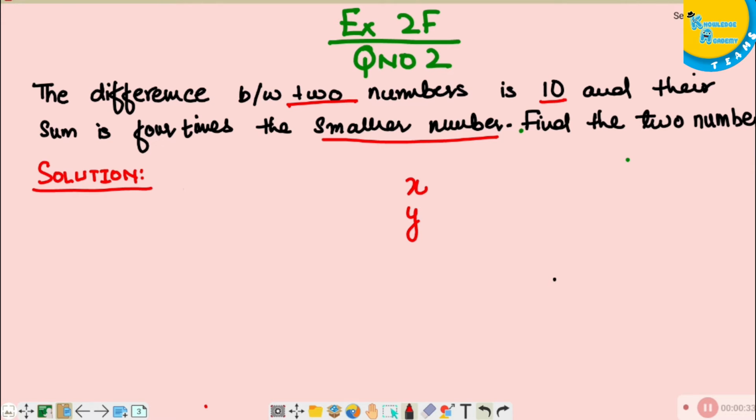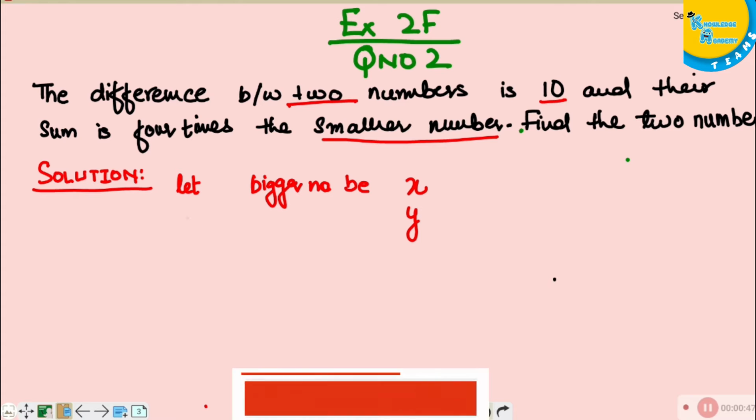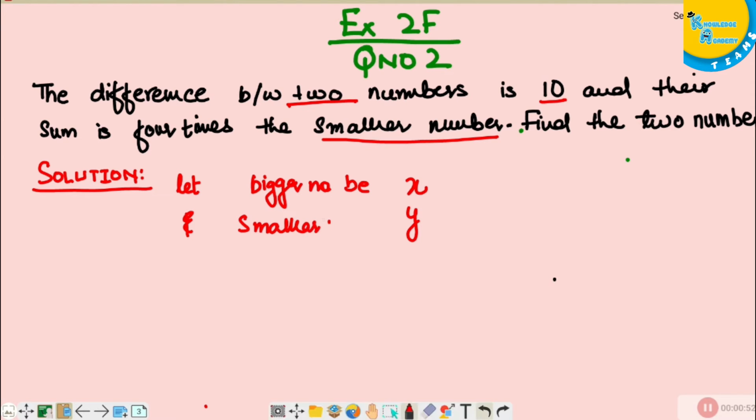So I'm going to write: let the bigger number be x and the smaller number be y.